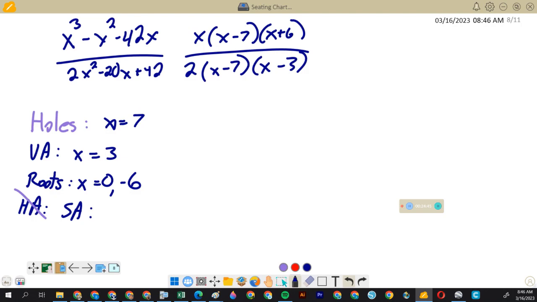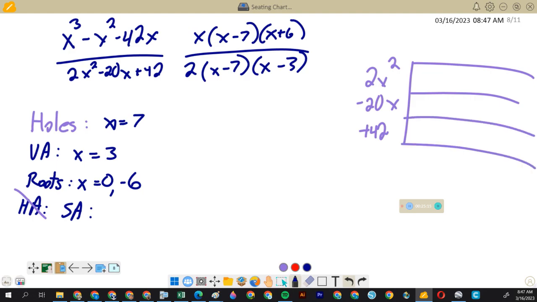Now every slanted asymptote comes with an equation, a linear equation, slope-intercept form, y equals mx plus b. So we need to figure out where that slanted asymptote is. And here's what you do. You just do division. And it's kind of a pain. But I'm going to put 2x squared minus 20x plus 42 on the left side of the box.